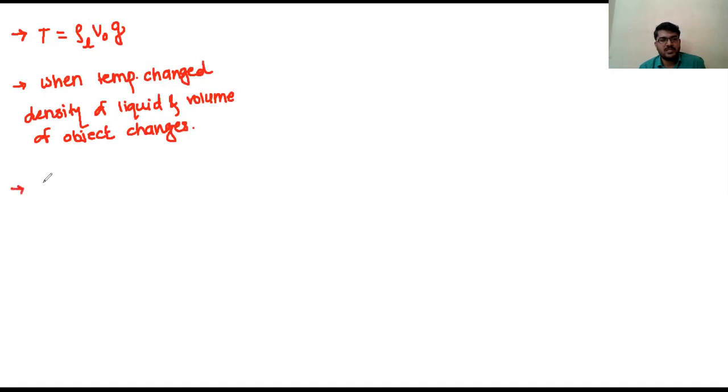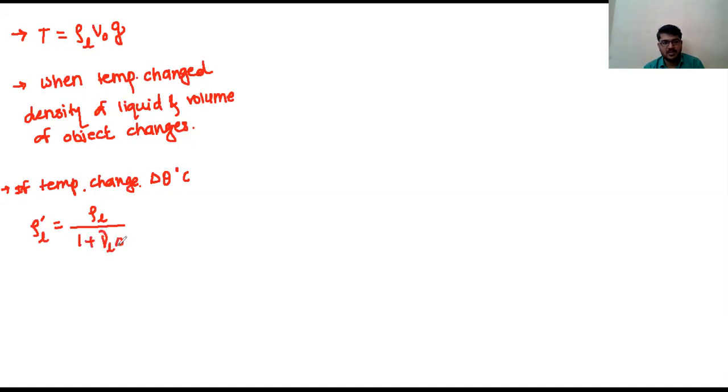So if temperature change is delta theta degrees Celsius, then here rho L dash is equal to, we have learned this, rho L divided by 1 plus gamma L into delta theta. This expression we have learned before.